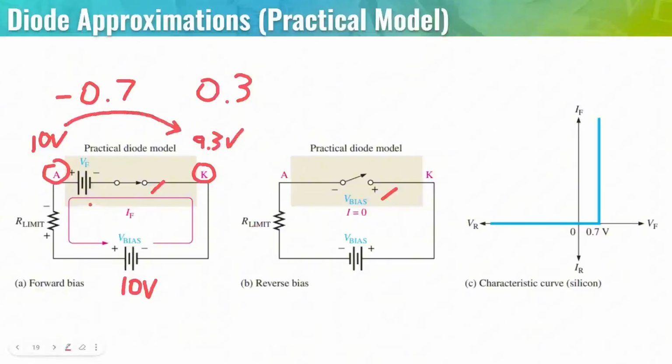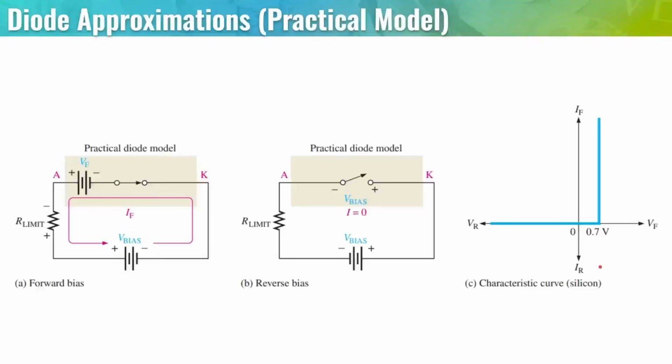Again, for the diode to turn on in forward bias, the voltage needs to surpass 0.7 volts. Otherwise, it will just become open, like this one. Or if it's going in the wrong direction, it's not going to conduct current.